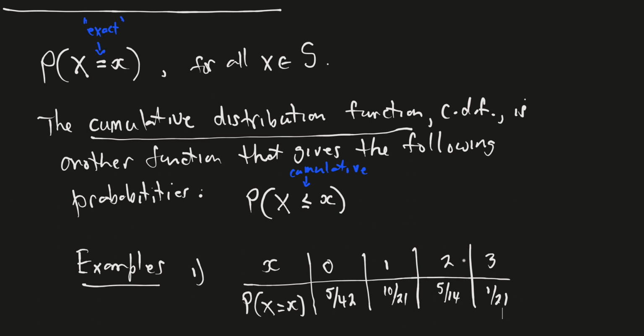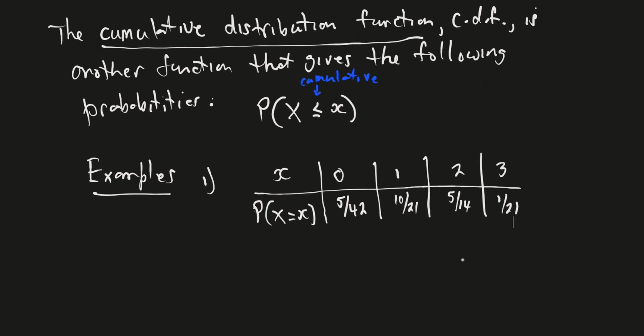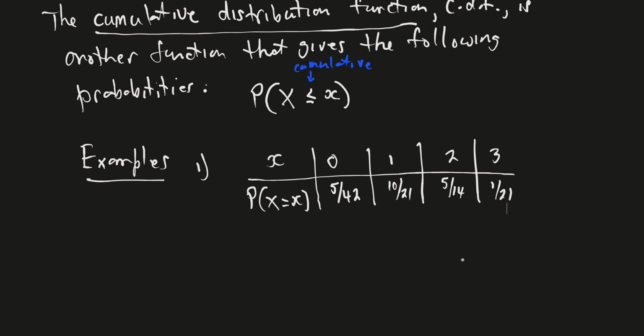So now let's see if we can write down the cumulative probability, using these numbers to figure out what the cumulative probabilities are going to look like.